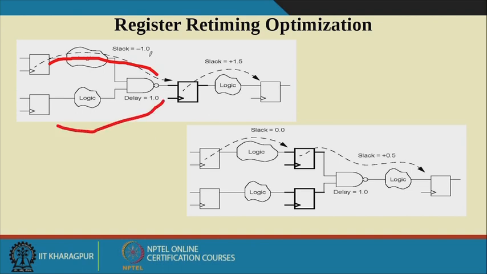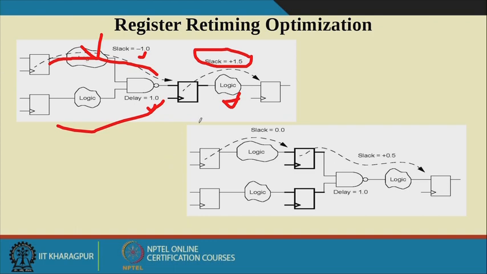Here the slack in this path is -1, and here the delay is 1. For this particular path the slack is +15. So the corresponding delay for this particular logic is minimum compared to the corresponding logic present in between.